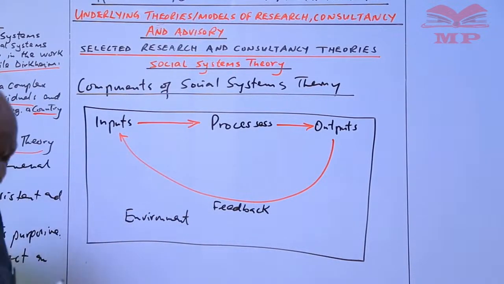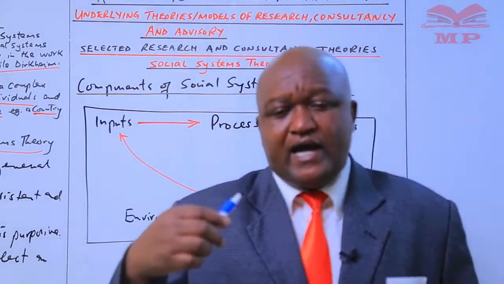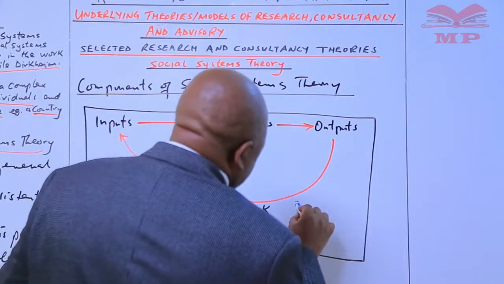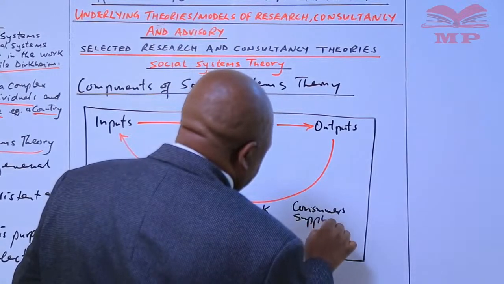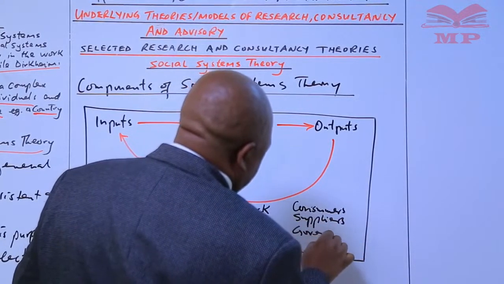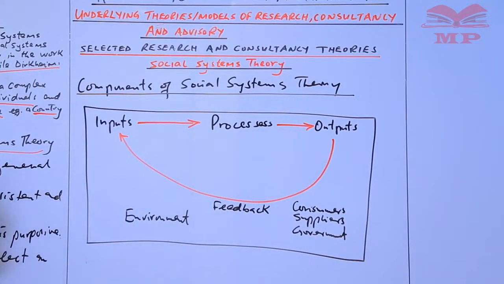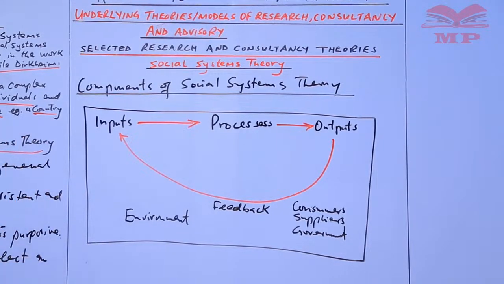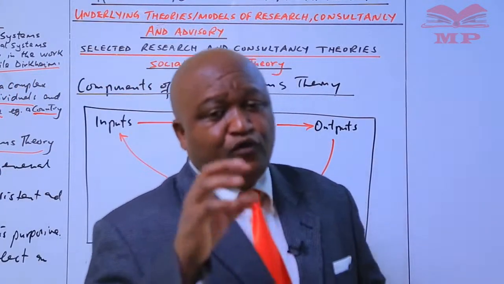Within that environment, there will be stakeholders, and these stakeholders could, for example, be consumers. You have suppliers. You have, for example, government, among other members. So you have inputs, processes, outputs, feedback, and the environment within which the social system operates. And this is typical for any organization.